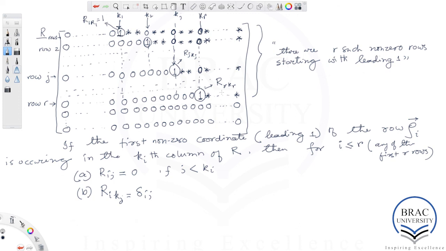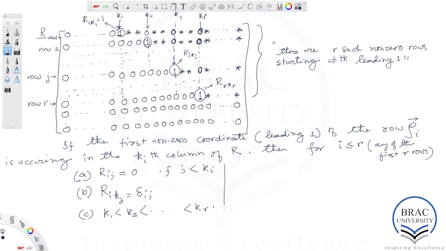Good. Now, the third property tells us that K1 is less than K2 is less than, all the way up to, less than Kr.